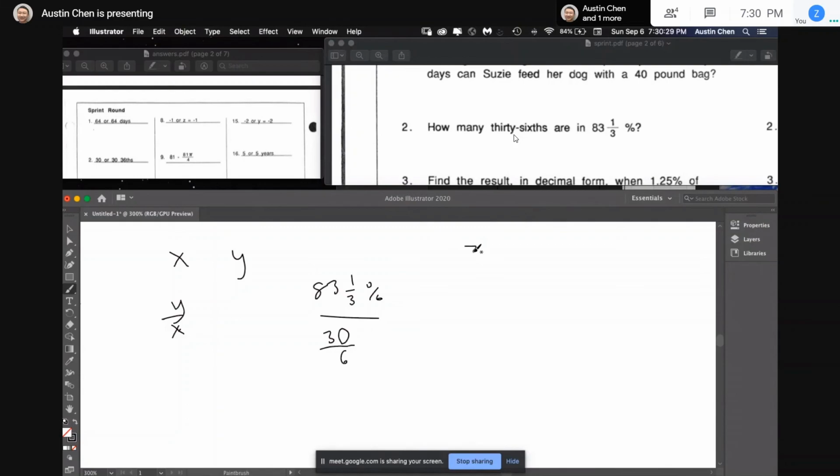How many 1/36? Yes, like 1 over 36. If it's 30 over 6, there wouldn't be a hyphen between the 30 and the 6.